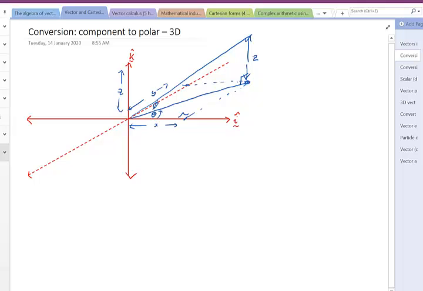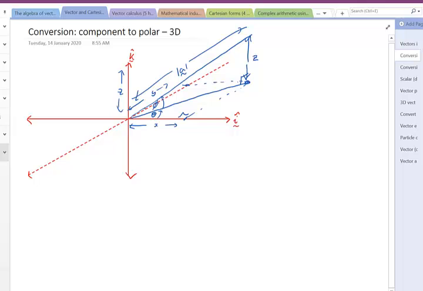So the 3 components that make up the vector in polar form are the magnitude, which is the magnitude here of our vector A, so essentially the length. We've got our azimuth, that base angle, and then we've got our altitude, which is the angle that expands that vector into 3 dimensions.